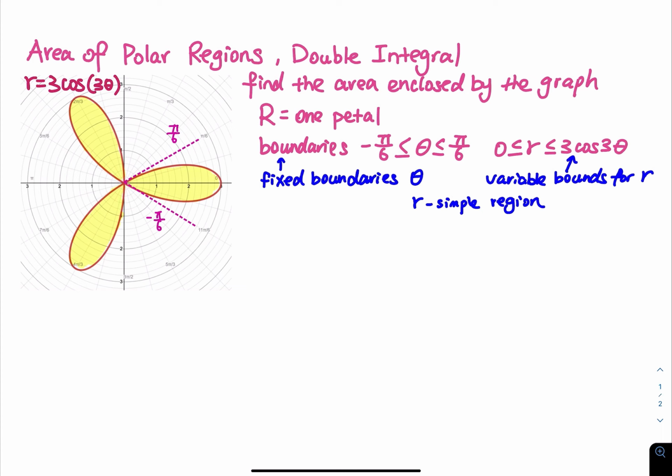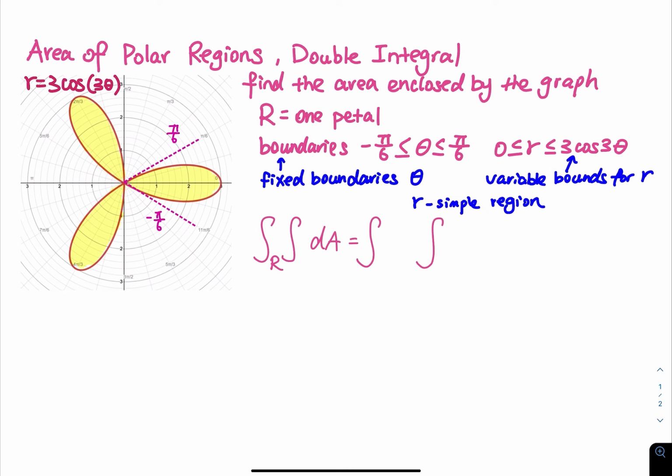So I am going to set up a double integral for this region R. Double integral, and then this is the dA for area, this region R. So that is a double integral. Okay, so let's do a double integral first. And then what is my polar equation? The polar equation is 3 times cosine of 3 theta.